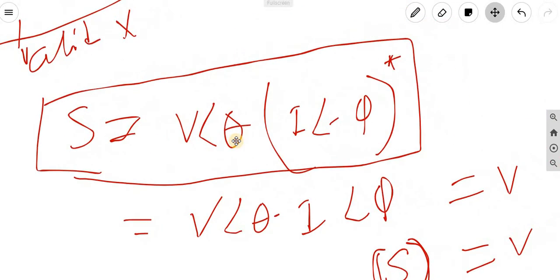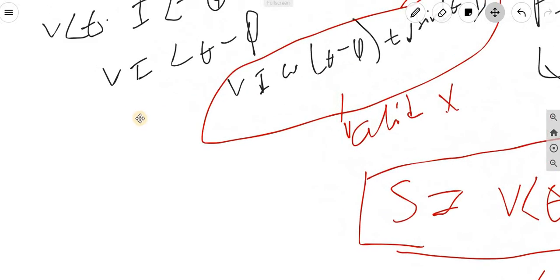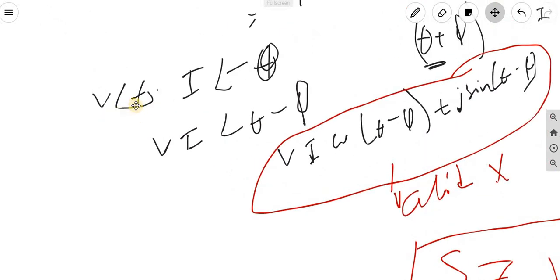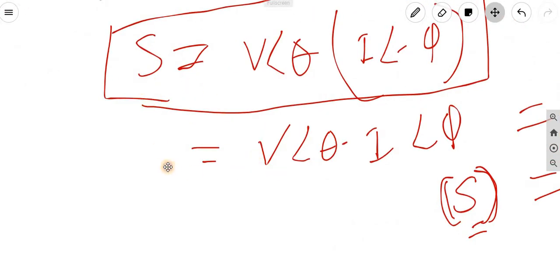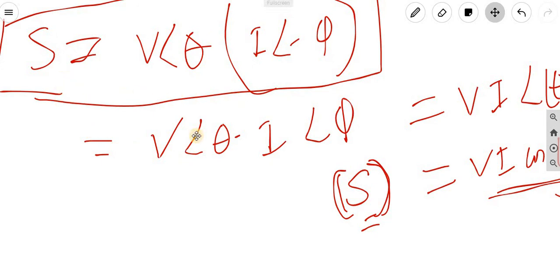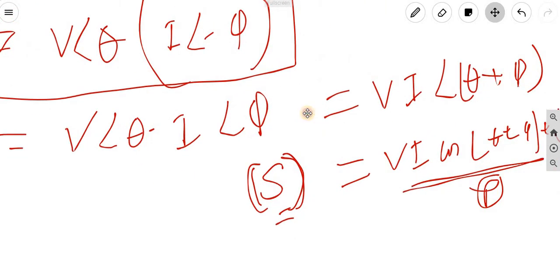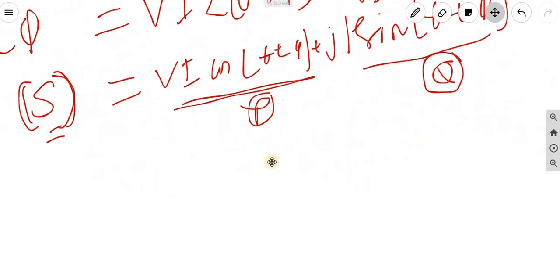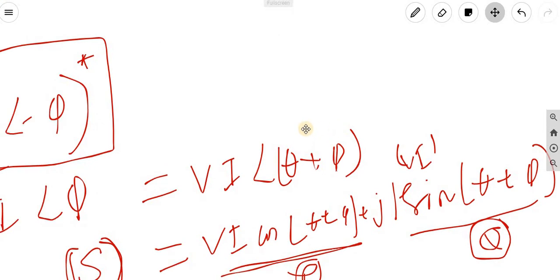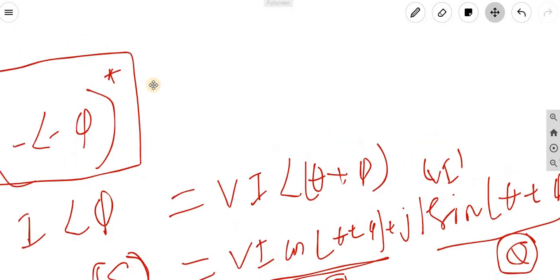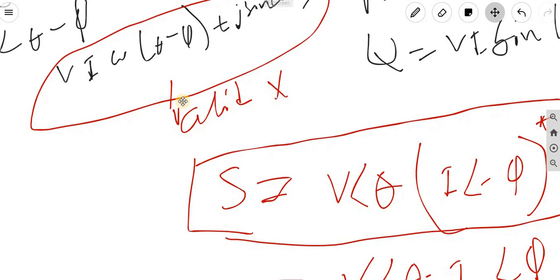Whenever you multiply the voltage and current, the voltage stays the same but the current is taken in its conjugate form. In this way we get the valid expression of power: the active power is the real part and the reactive power is the imaginary part. So this is the mystery of complex power.